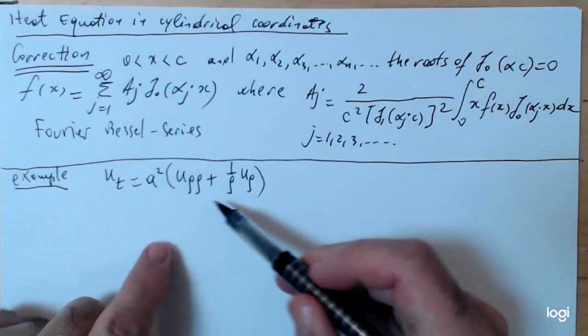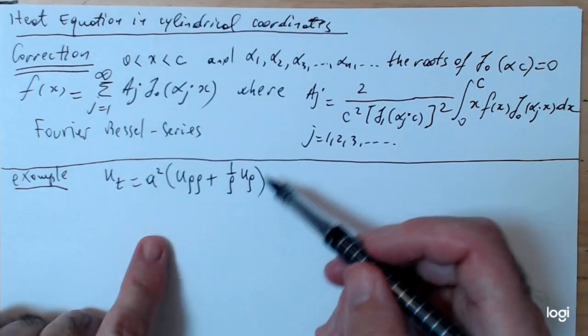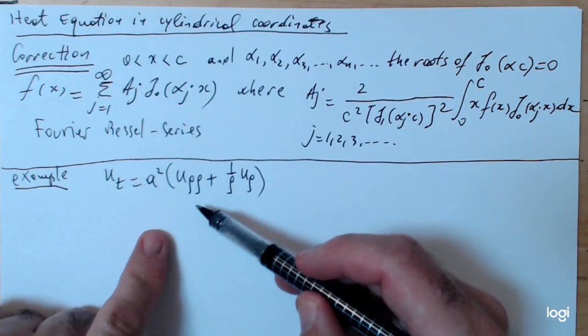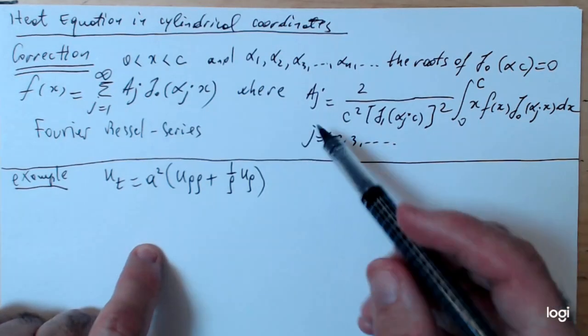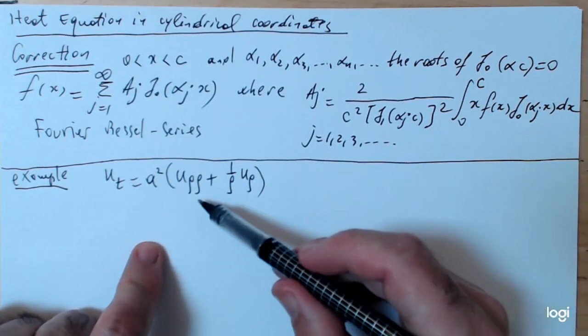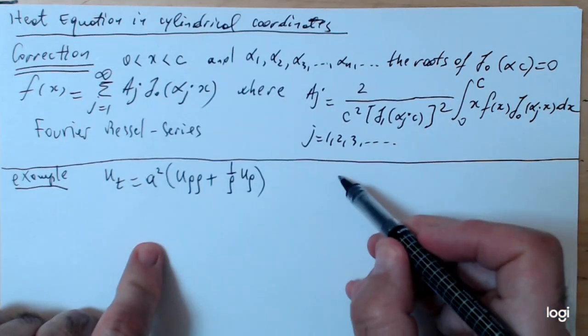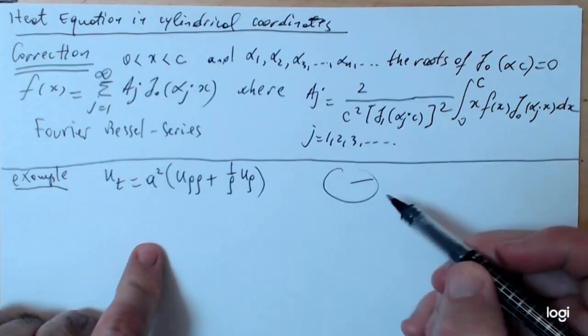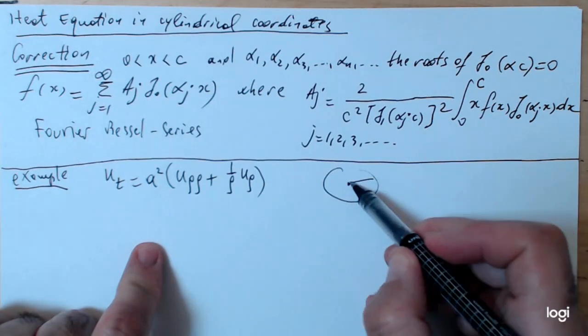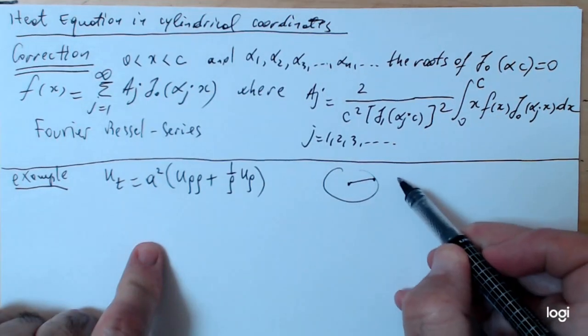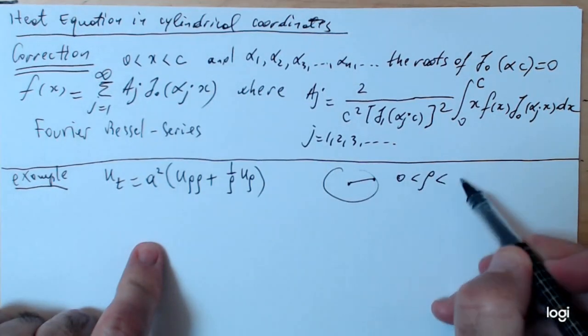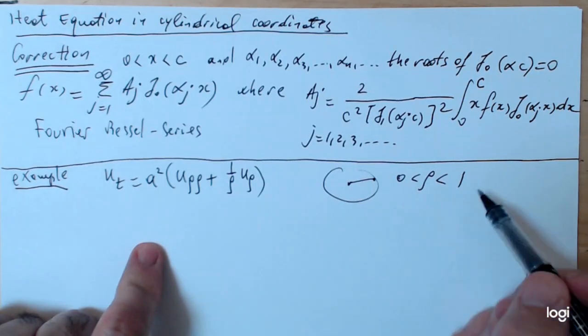You can call it cylindrical coordinates or polar coordinates, because of our simplification that the heat flows only across the radius, you can think of rho as being the polar radius. So the object is a disk for all practical purposes. The domain for rho is 0 to 1 in this problem. So let's say the radius is 1.